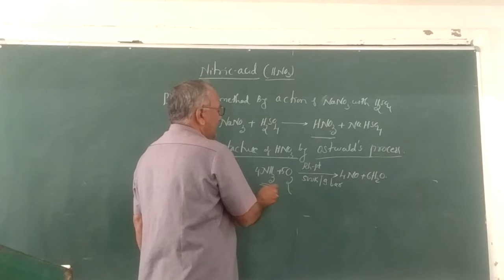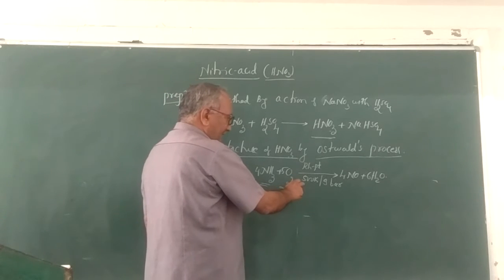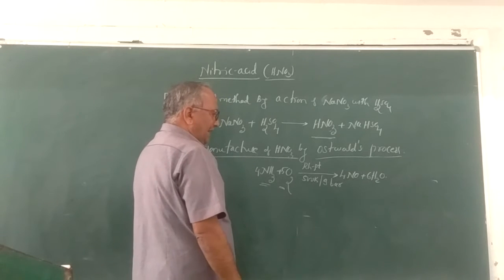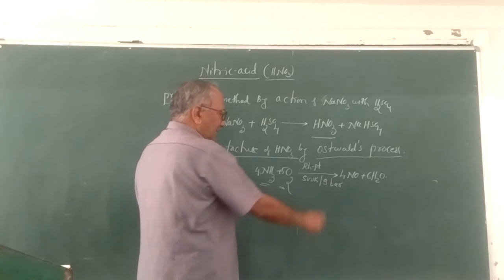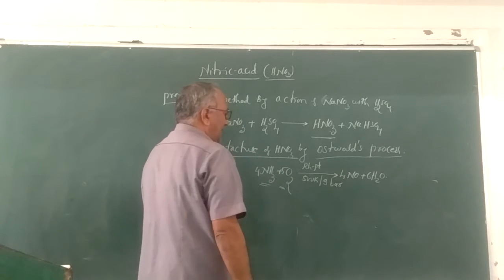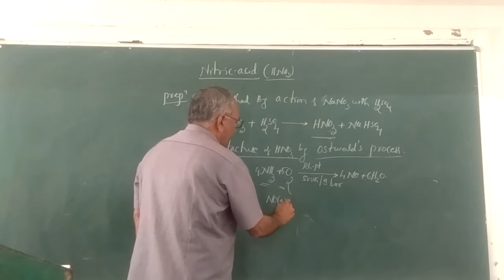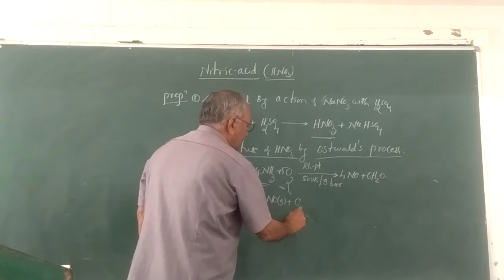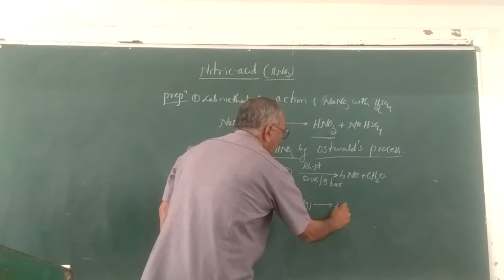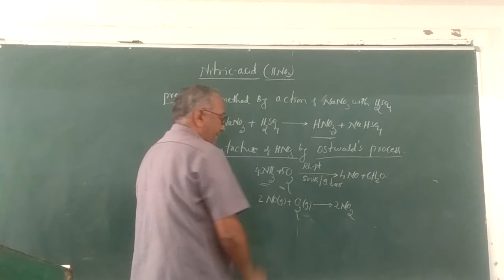When the ammonia is oxidized, if it is heated in the presence of rhodium platinum catalyst at 500 Kelvin under 9 bar pressure, it leads to the formation of nitric oxide. This nitric oxide so formed reacts with pure and dry oxygen, leading to the formation of nitrogen dioxide.